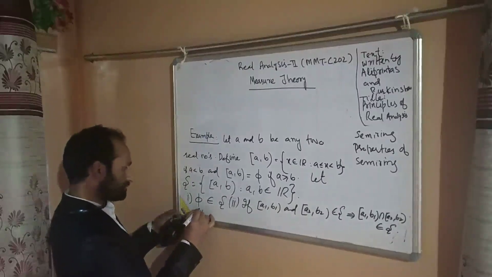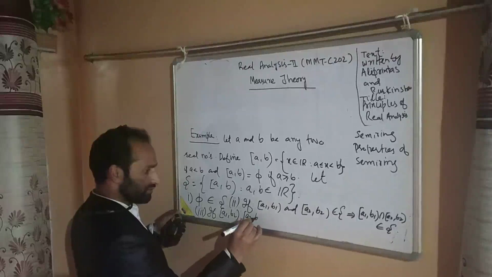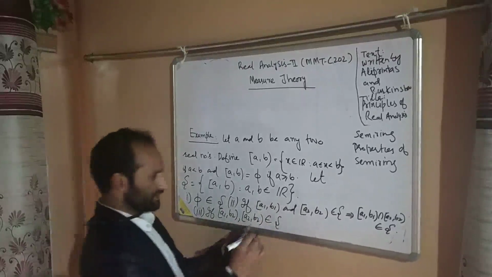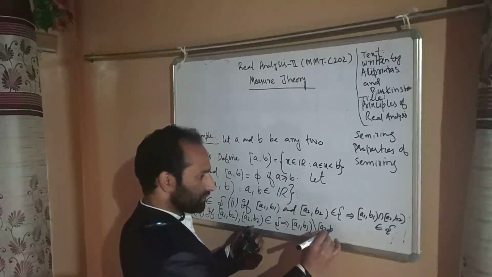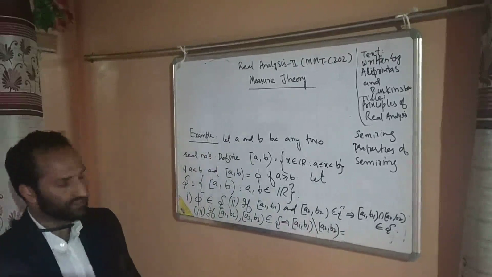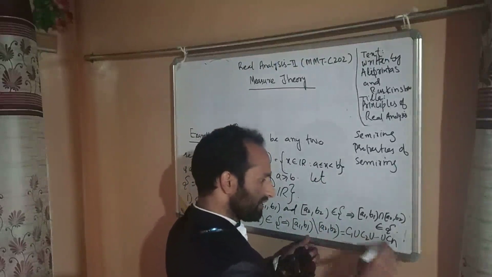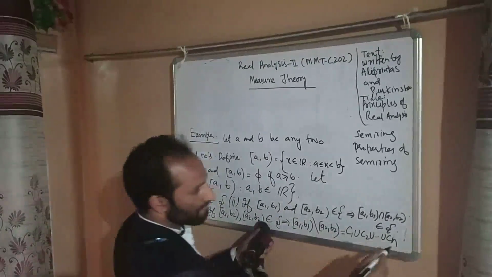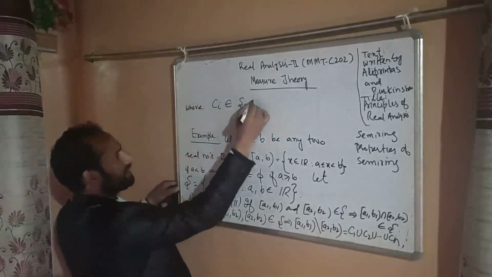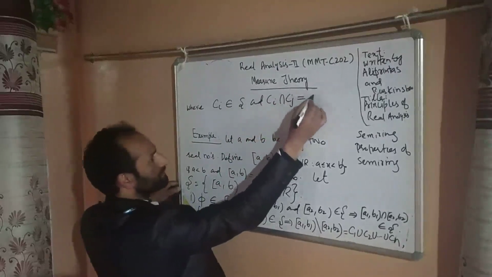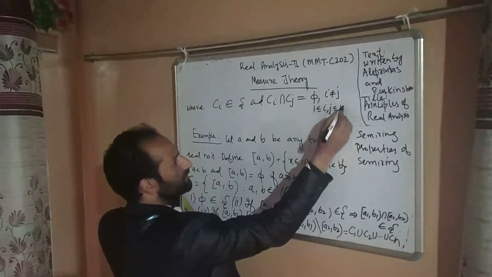And third property, which is very important: if A1, B1 and A2, B2 are any two members of S, then the set difference A1, B1 minus A2, B2 must be equal to a finite disjoint union of members of S. That means it is equal to C1 union C2, and so on up to Cn, where these Ci are members of S and they are also pairwise disjoint, for all i not equal to j, and 1 less than or equal to i, j less than or equal to n.